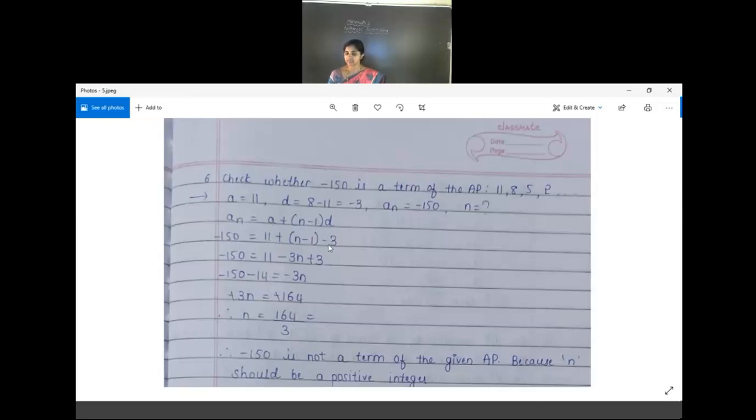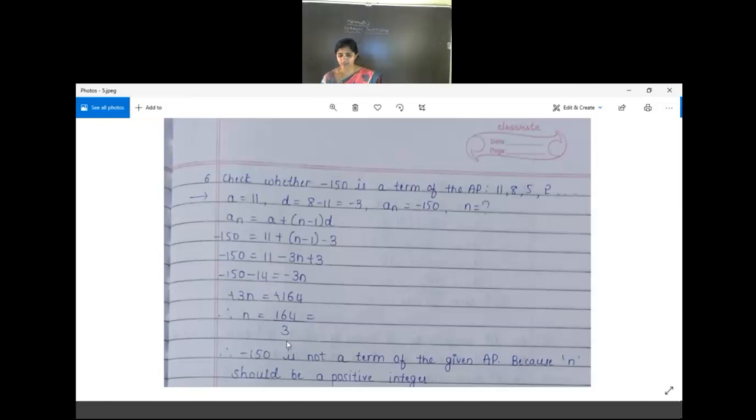So minus 150 is equal to 11 minus 3n plus 3 after removing the bracket. Okay, then minus 150 minus 14 is equal to minus 3n. Then minus 3n is equal to minus 164, you got now. Then n is equal to 164 divided by 3.